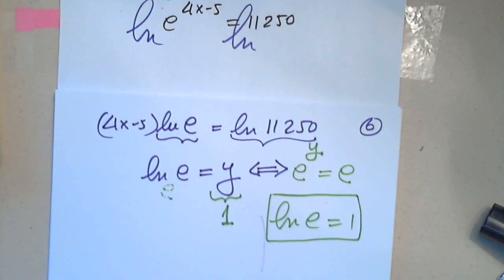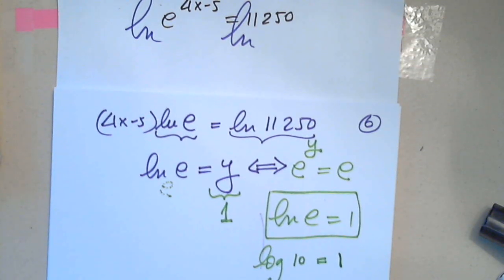But here's another example for you. What about log 10? As you notice, this is the same base as this number. What is it? Also 1. Excellent. What about log base a of a? What would that equal?